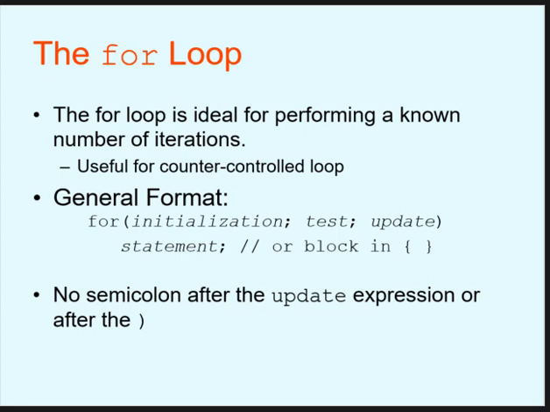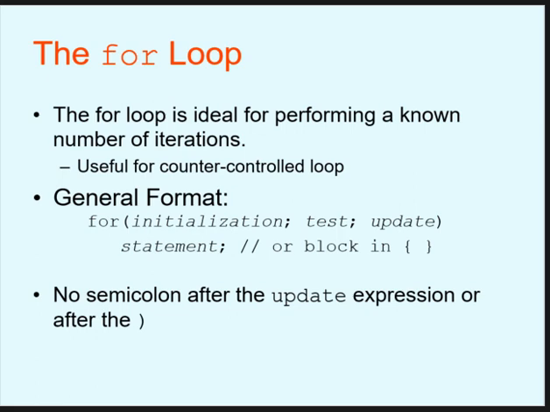Now, as you've seen, we have three types of loop. The basic purpose of each loop is to perform some repetition, to repeat a certain block of statements. But the choice of which loop is ideal is different. While loop is useful when you want to validate the input from the user.